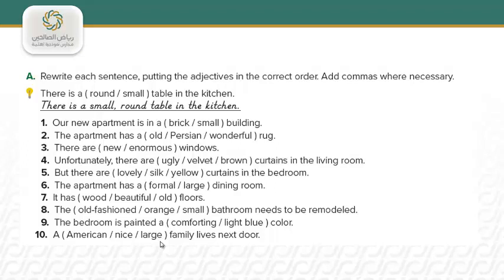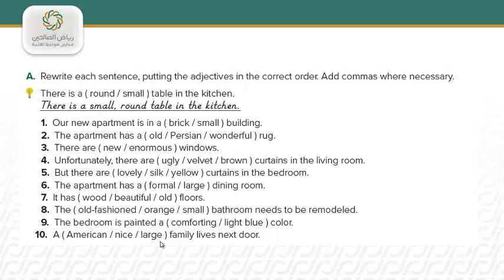If you refer to the order, you will come to know that, of course, yes, that's right. Old comes before the nationality Persian. So the apartment has a wonderful old Persian rug.